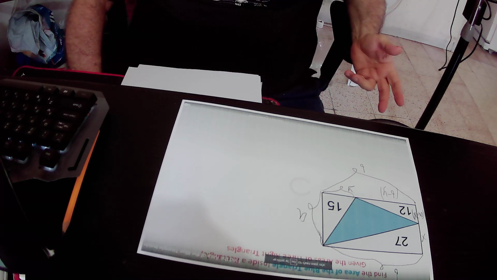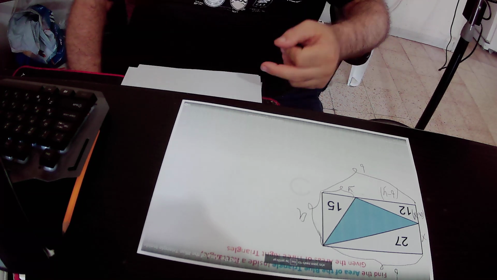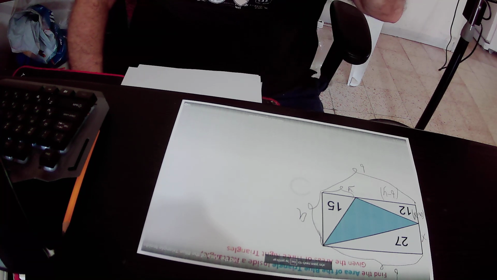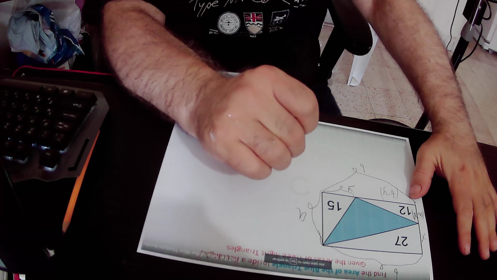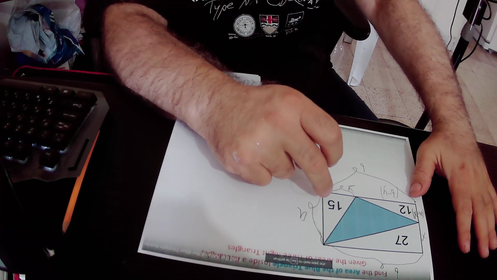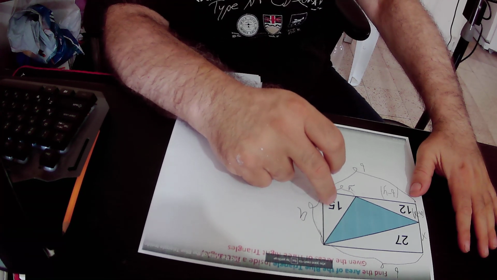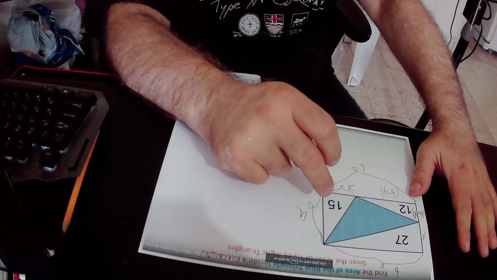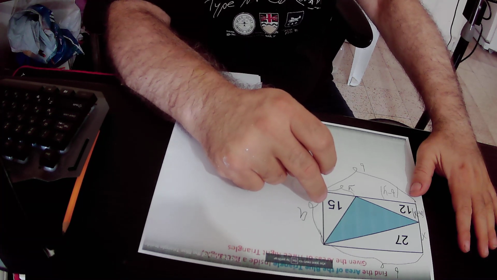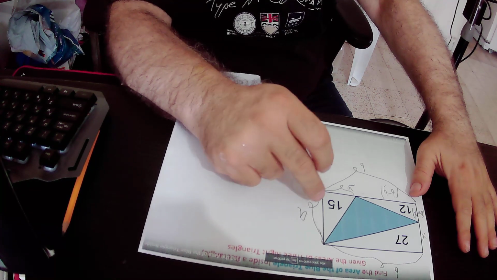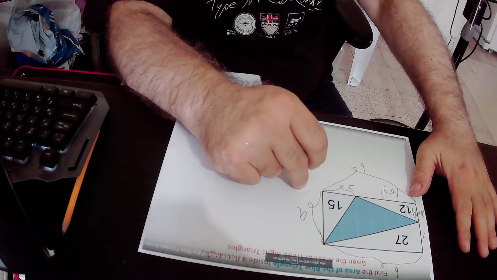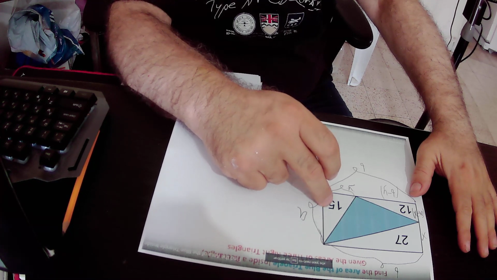The area of a triangle is the base times the height divided by 2. So the first equation was for the area of this right triangle: y times a divided by 2 equals 15 units.